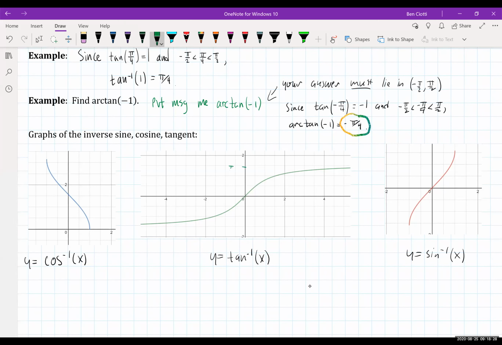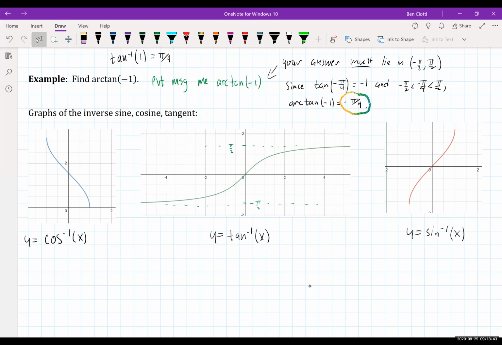One is at positive pi over 2, and another one is at negative pi over 2. And the tan inverse function ends up being the solution to some difficult integration problems, which you're going to learn about once you learn what an integral is, which will be in Math 10b.